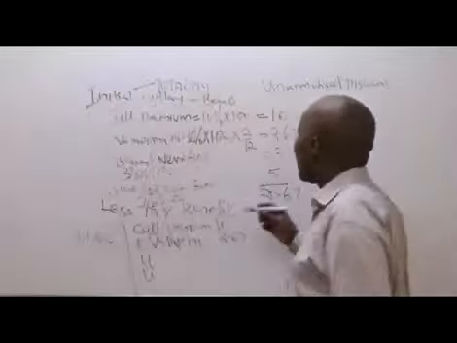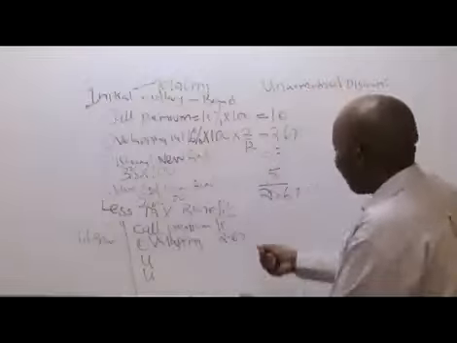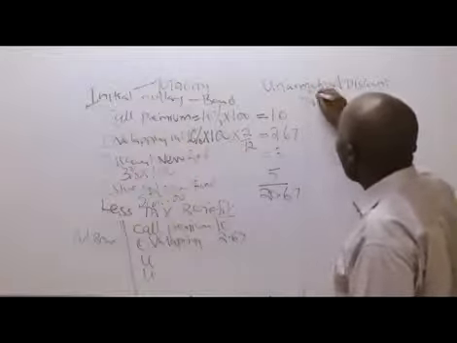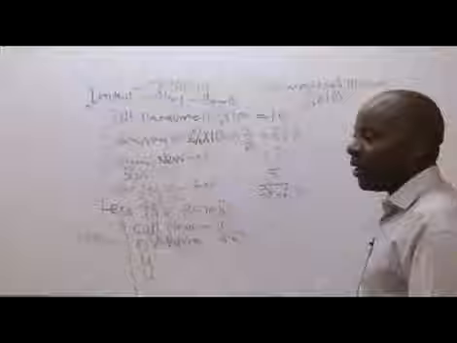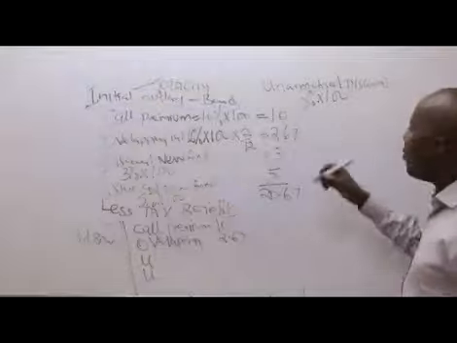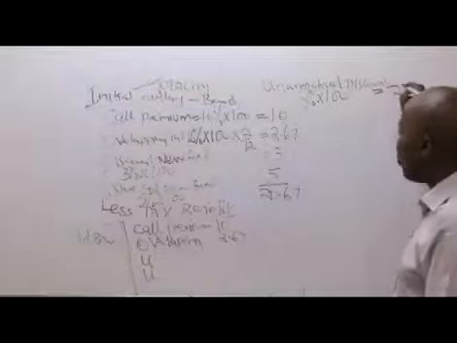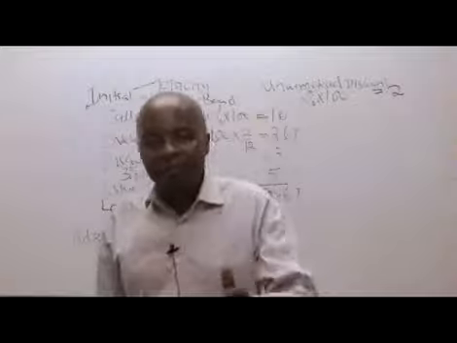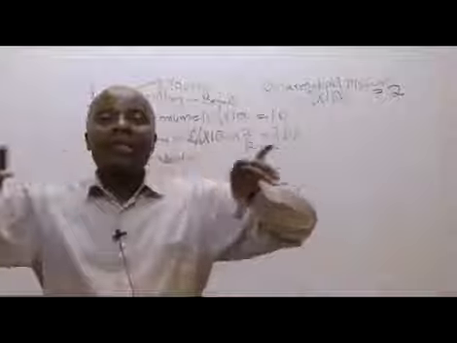It is 2% of the par value, which is 100. So 2% of 100 gives us what here, somebody? 2. But now, ladies and gentlemen, remember that this is a 10-year bond.